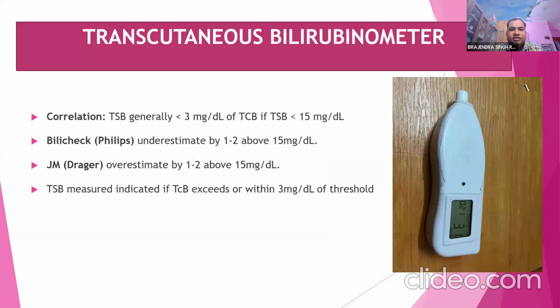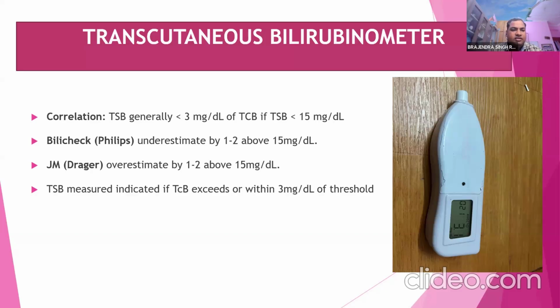This is another bilirubinometer showing correlation with TSB, generally a difference of less than 3 milligram per DL of TCB if TCB is less than 15 milligram per DL. हम जो TCB चेक करते हैं उसमें डिफरेंस जो होता है वो मैक्सिमम 3 का डिफरेंस होता है अगर बच्चे का सीरम बिलिरुबिन 15 से नीचे है, 15 से ज़्यादा है तो फिर वो डिफरेंस वेरी कर सकता है.